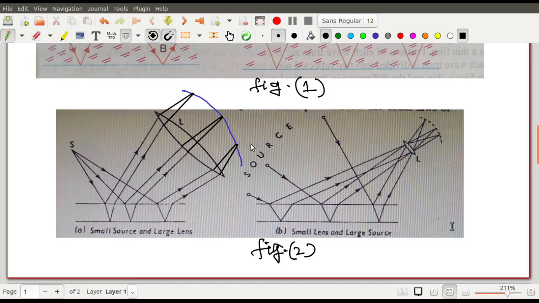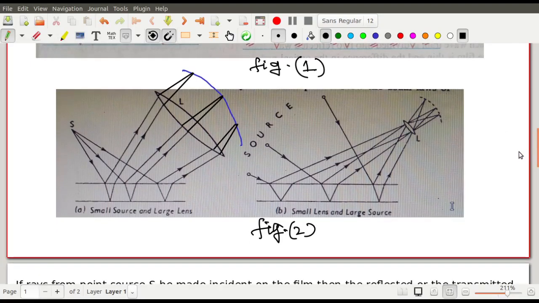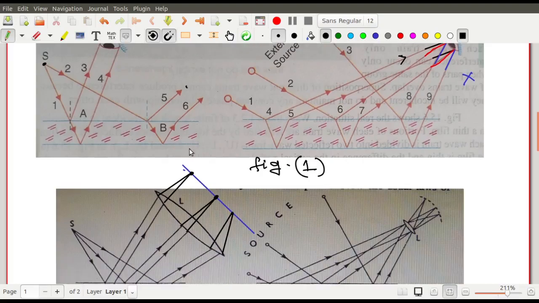Okay, so more or less I have tried to do so. Actually this will not be focused like this, this was wrong. This should be focused on a plane, not this curve. Okay, so more or less I have tried to do it. Here you can see a few order fringes. In the last diagram you can see only one order fringe, but now you can see a few order fringes over here.